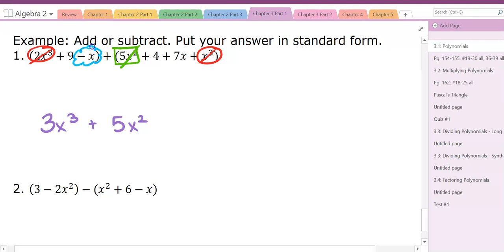Good, negative 1x and 7x. So what would be negative 1 plus 7? 6, so I have plus 6x. Okay, get rid of those. Last thing that I see then would be the 4 and the 9. Okay, what's 4 plus 9? 13. So we have plus 13.